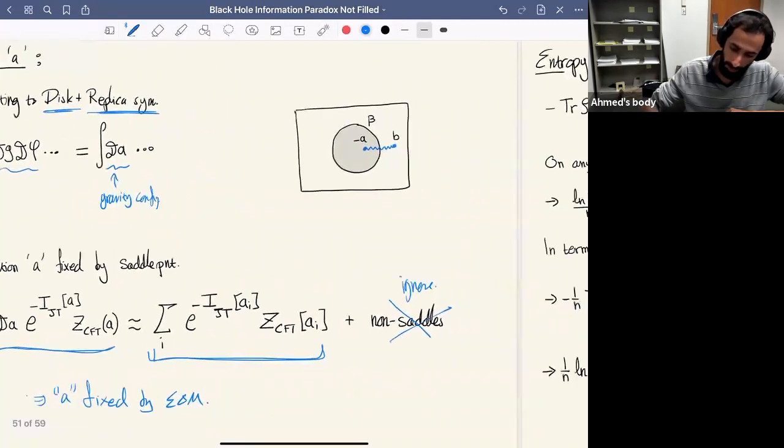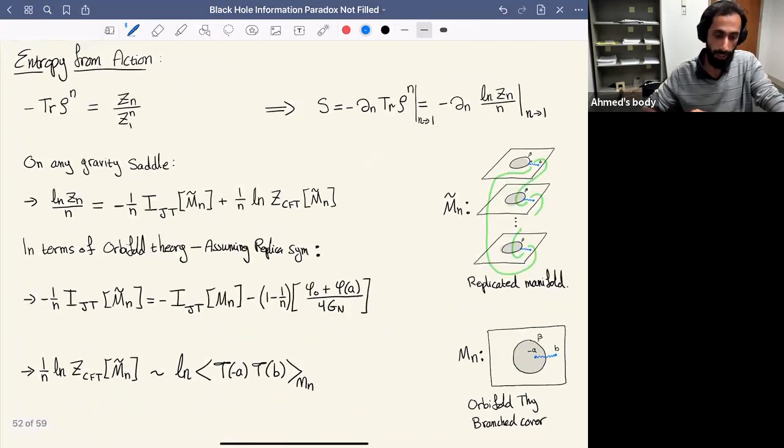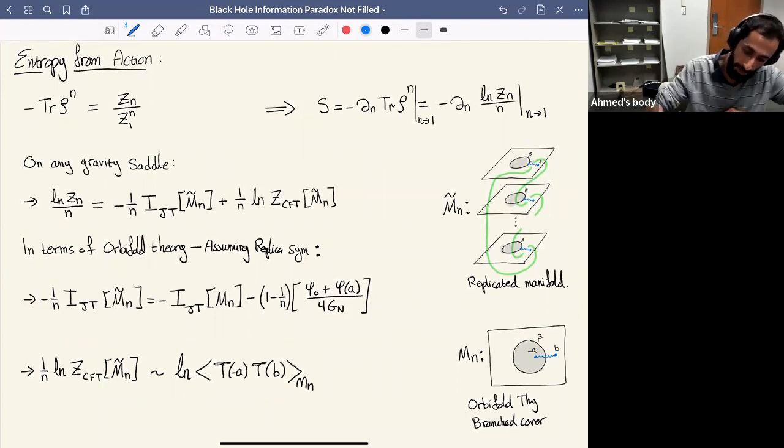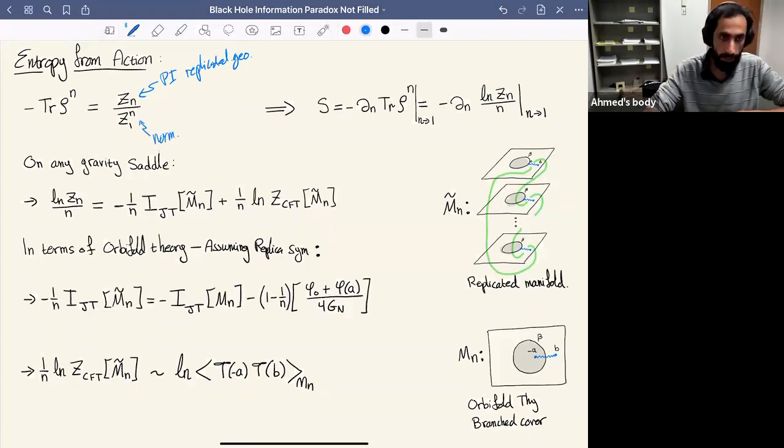Okay, the next thing I wanted to say is how to extract the entropy from the action. What we've been discussing so far is writing trace rho to the n as a path integral on a replicated manifold, or replicated geometry. Implicitly there was a normalization, which I didn't talk about, which you need to get the fact that trace rho is equal to 1. So if I take n goes to 1, I should get just 1 again.